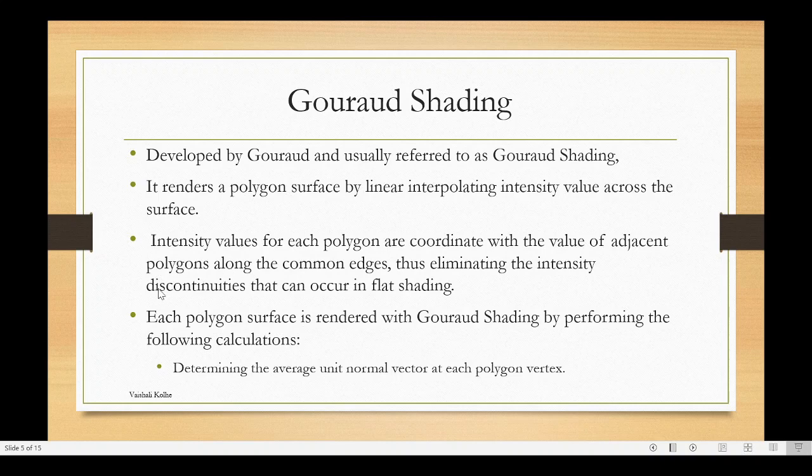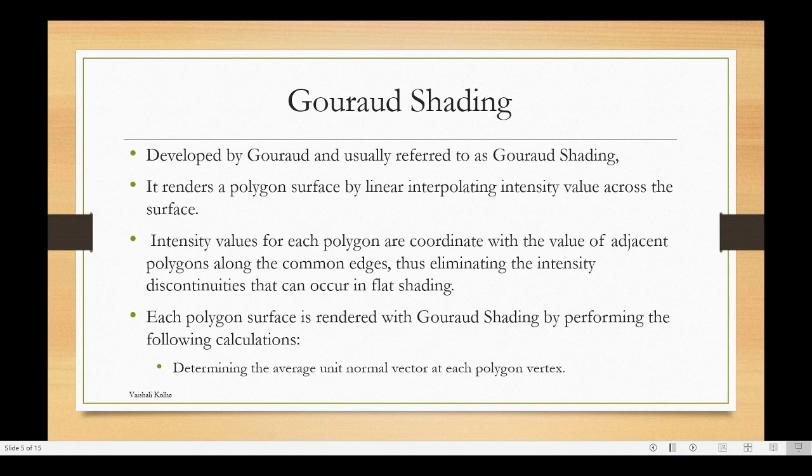This algorithm gives the shading to a polygon surface by the linear interpolation technique. So the linear interpolation technique is used to find the intensity for the entire surface. The intensity values for each polygon are coordinated with the values of adjacent polygons along the common edges, so that it can eliminate or minimize the discontinuity effect.